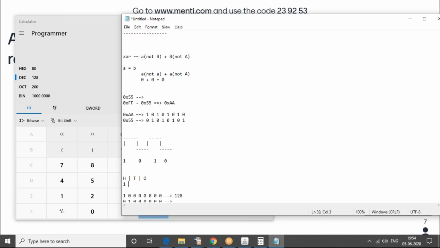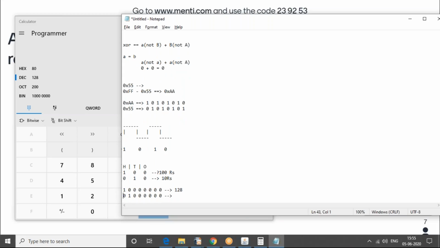So if you have a number in the hundreds place, that's like 100 rupees, and then I shift that to the tens place. I just shift the number by 1. Then you see that this number is 100 rupees, and this is 10 rupees. So you can see that the value of the number has reduced if you rotate it by 1. So that's as good as division.